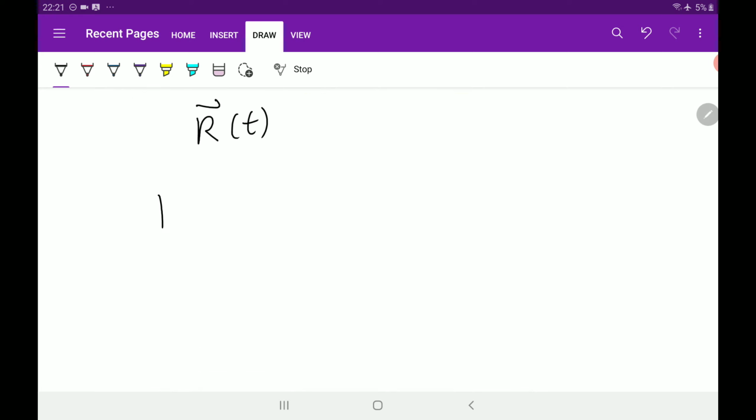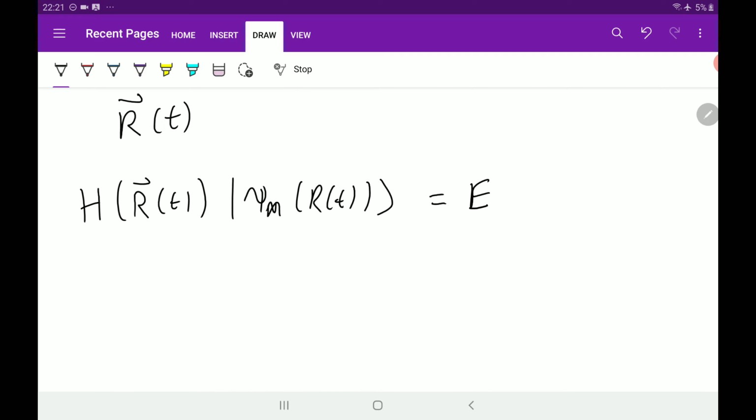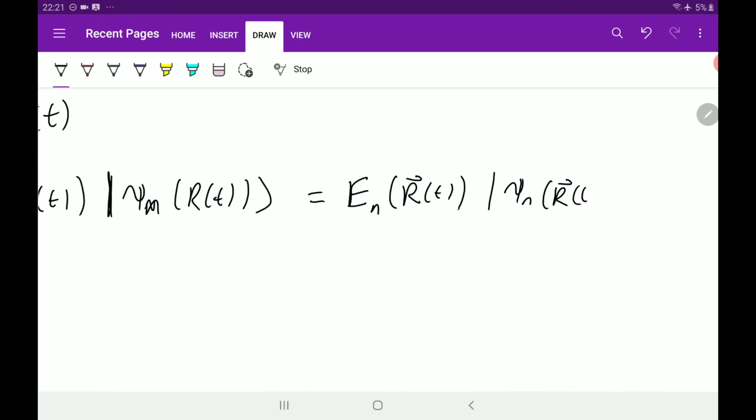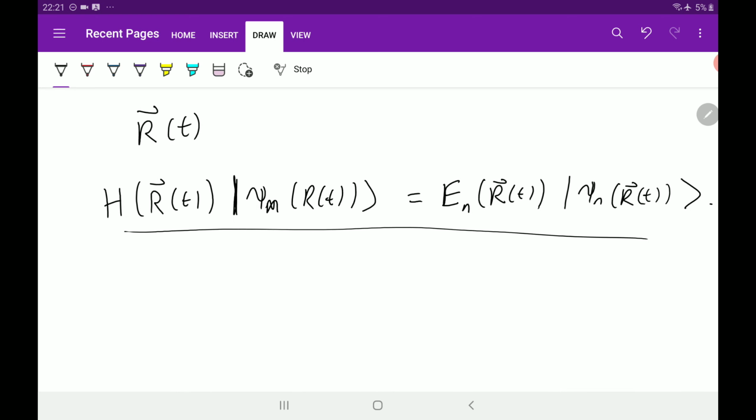So what we have is H of r of t acting on psi n of r of t is equal to E n of r of t times the vector psi n of r of t. This is how we reimagine what the Hamiltonian looks like.